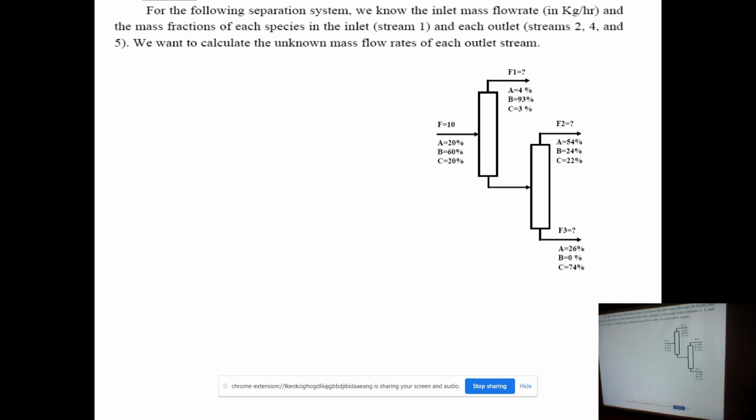How do we solve? Kaushik, how will you solve physically?